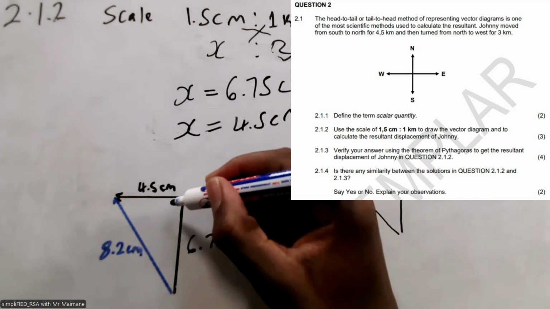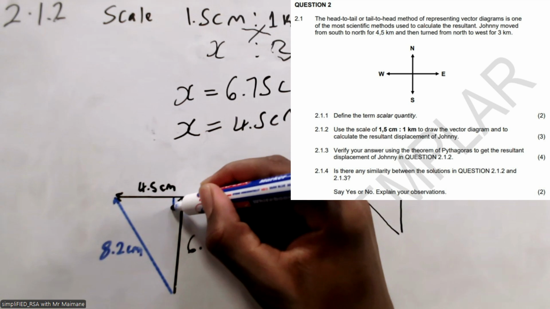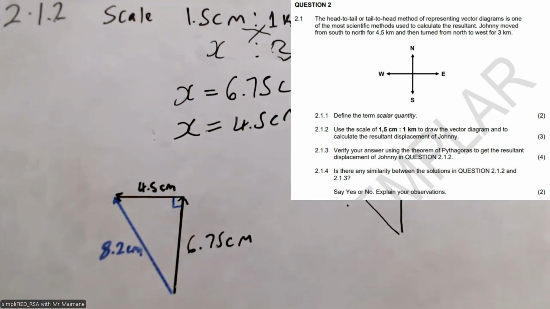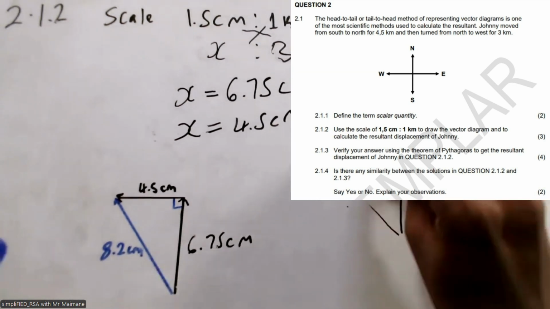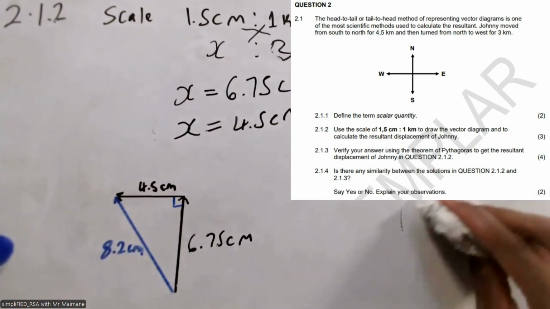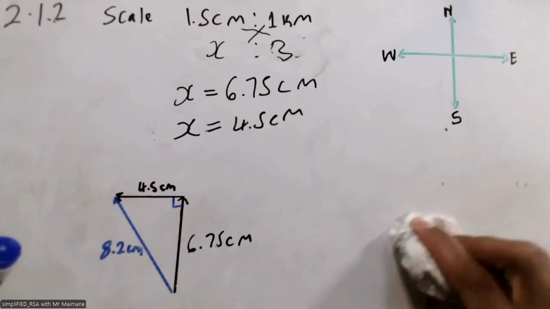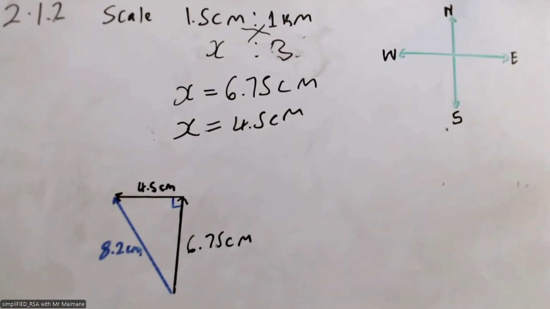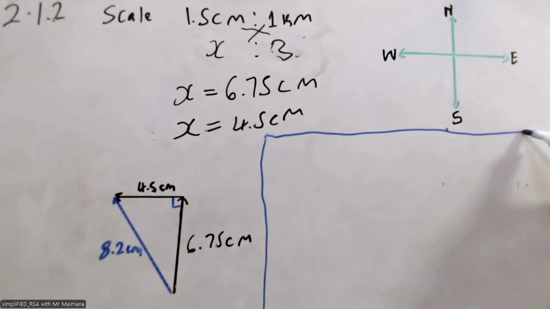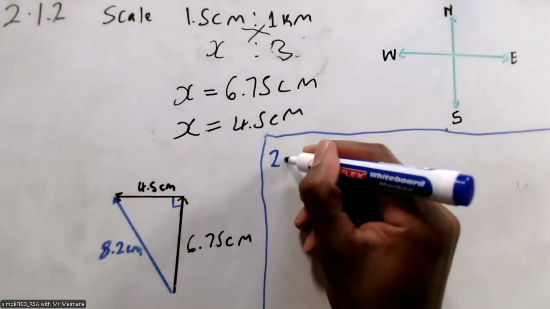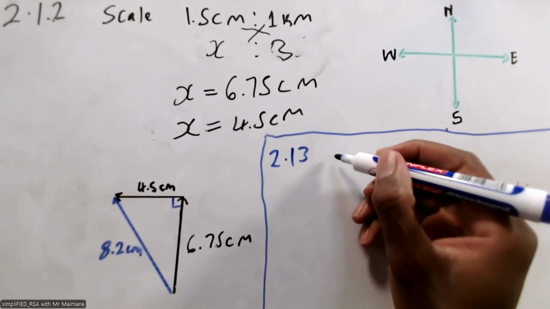As you can see, somehow it shows a 90 degrees angle there. So I'm just going to do this here. 2.1.3.